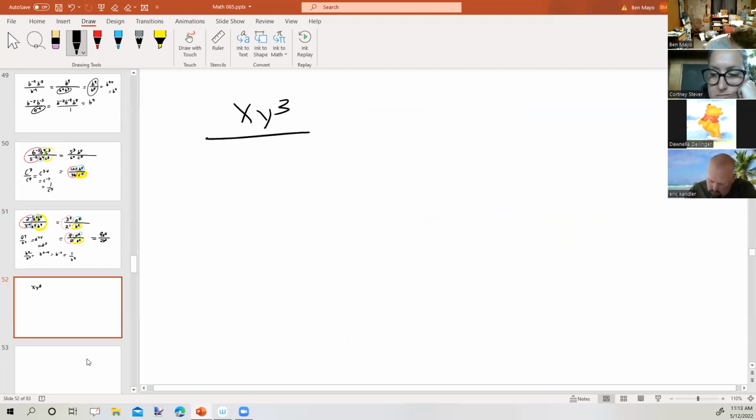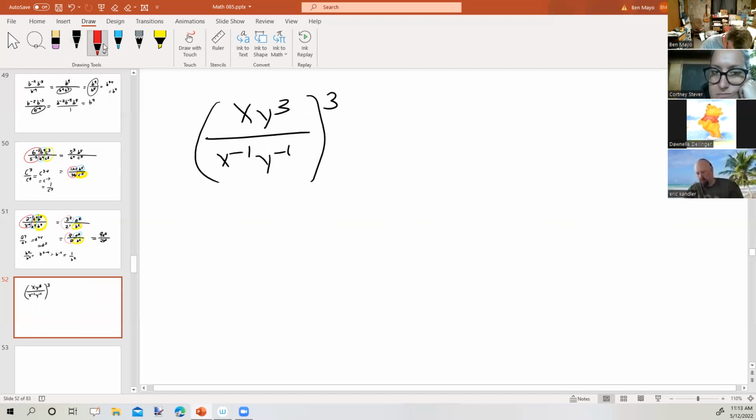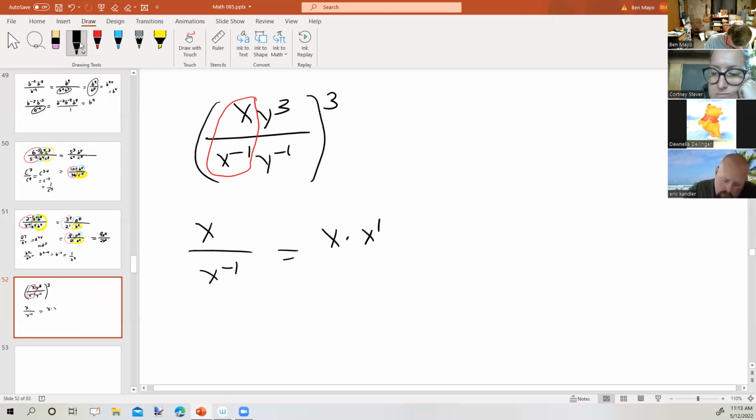x y cubed over x to the negative 1, y to the negative 1, all cubed. Order of operations, you'd start inside the parentheses. So I'm going to look at this. x over x to the negative 1 would be x times x to the positive 1, which would be x squared.